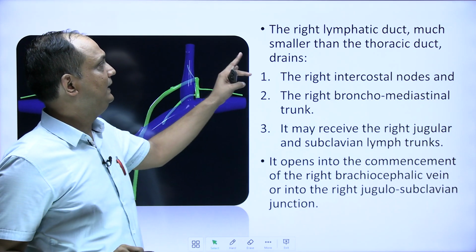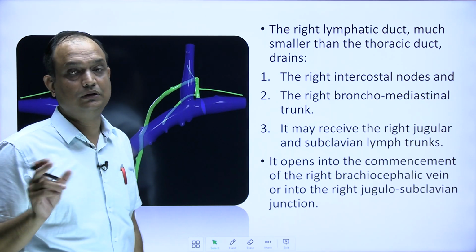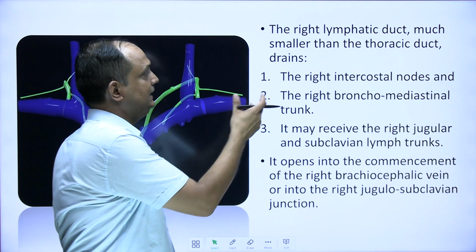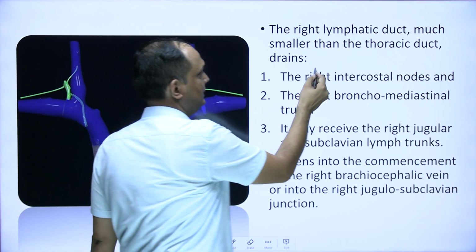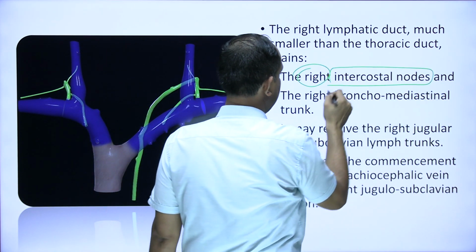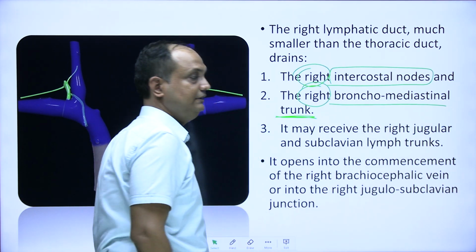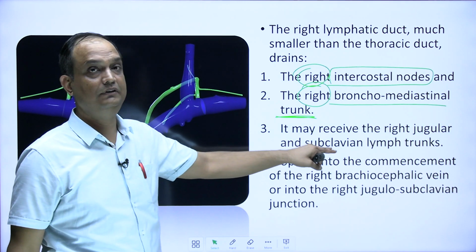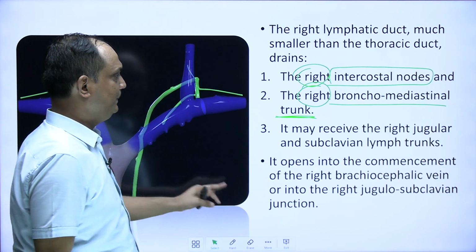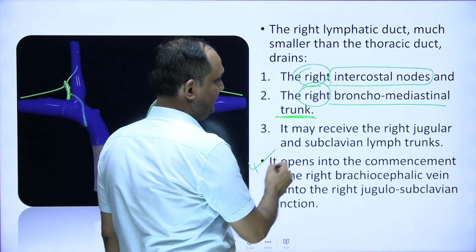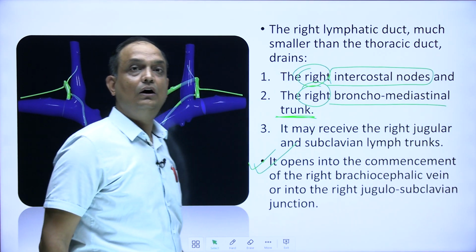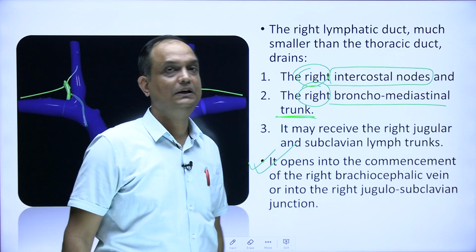So the right lymphatic duct is much smaller than the thoracic duct, and it drains the right intercostal nodes, it drains the right bronchomediastinal trunk, and it may receive the right jugular and subclavian lymph nodes. So it opens at the commencement of the right brachiocephalic vein, into the right jugulo-subclavian junction.